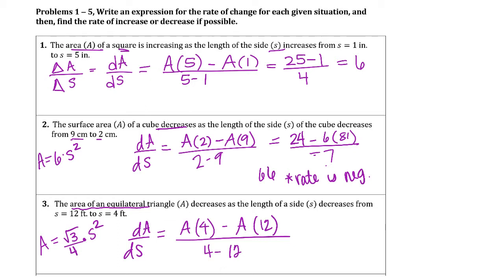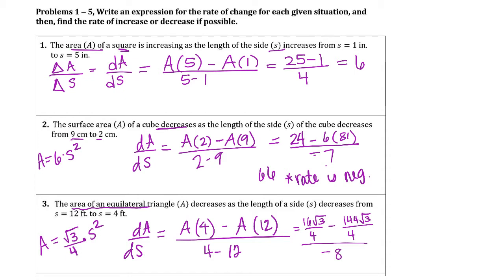Okay, and so finishing out the problem, we are going to get 16 root 3 all over 4, minus, and then 12 squared, that's your side length, is 144 square root of 3 all over 4. And then every bit of that, that's all the numerator, is going to be over negative 8.